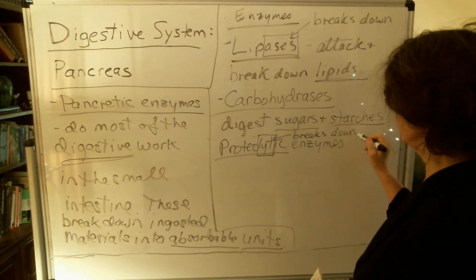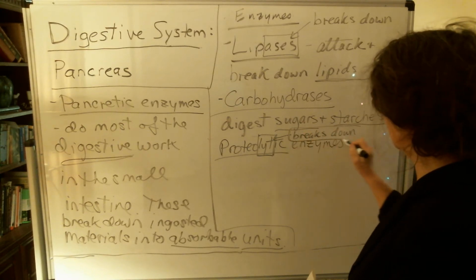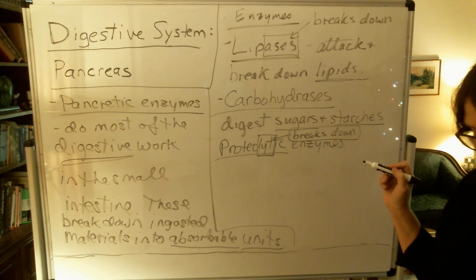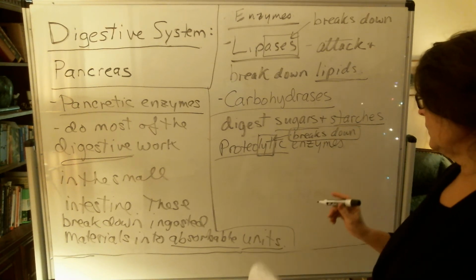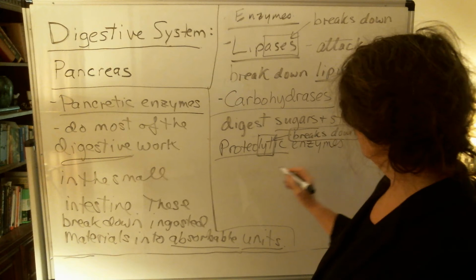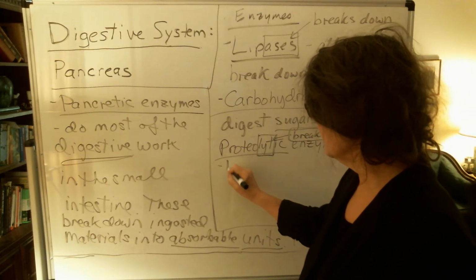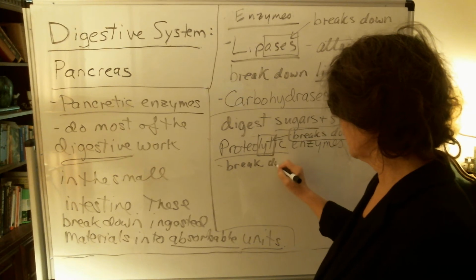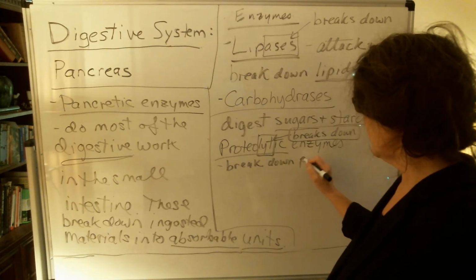So when you see lysis or anything like that, it means breaking down. So here we have proteolytic enzymes. We have two different kinds. So your proteolytic enzymes then break down proteins.